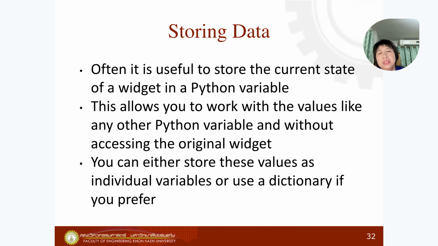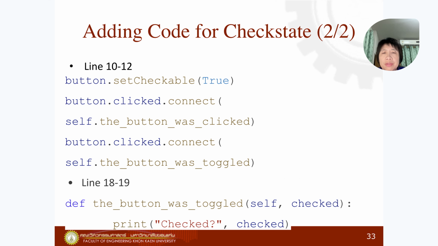And next we're going to look at how we can store the data. Often it is useful to store the current state of a widget in a Python variable. This allows us to work with values like any other Python variables, without accessing the original widget. You can either store these values as individual variables or use a dictionary if you prefer.